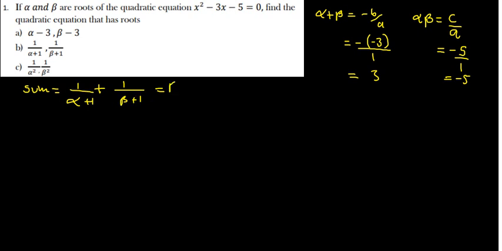That is going to give us beta plus 1. And then multiply what is down with what is on top of the second one, that will give us plus alpha plus 1. And then we multiply the two denominators, alpha times beta, that will be alpha beta, alpha times 1 is alpha, 1 times beta is beta, and 1 times 1 is 1.